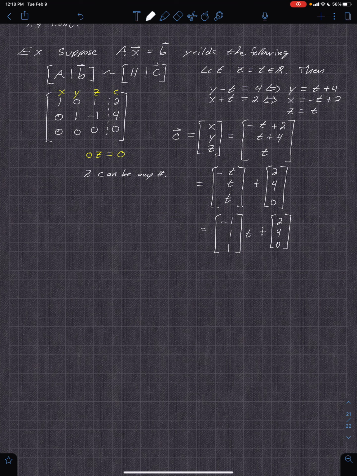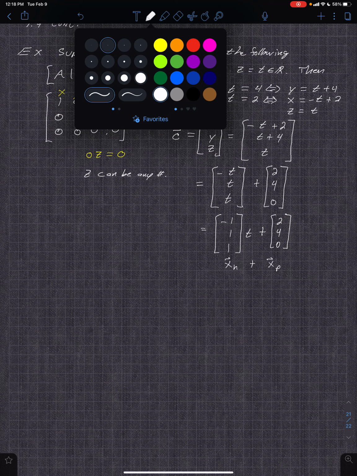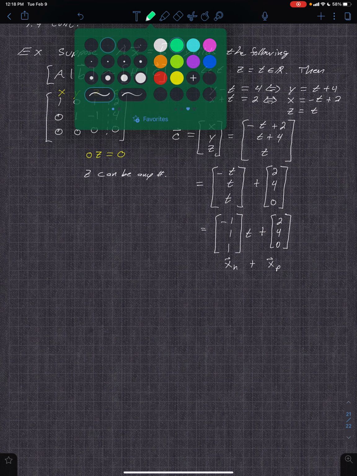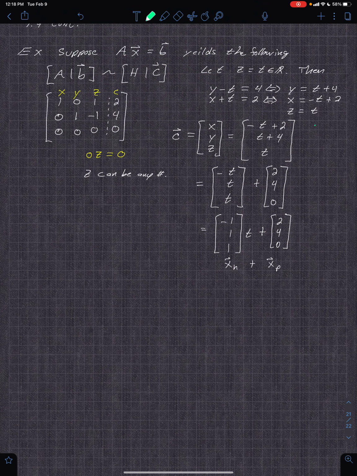And so we end up with this form we will talk about a little later, but this is the xh plus x particular. So this is called your homogeneous solution, and this is your particular solution. What we have, some more terminology, is we say that we have one free variable.